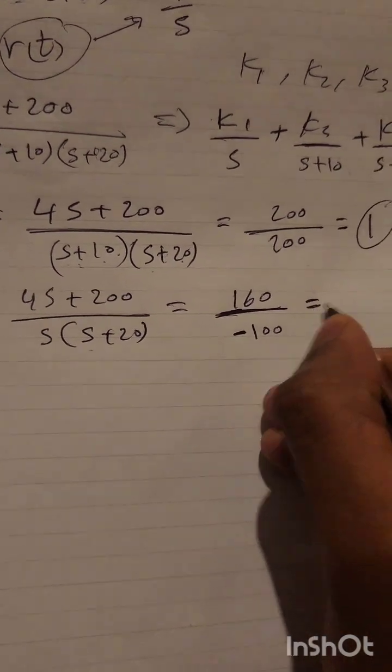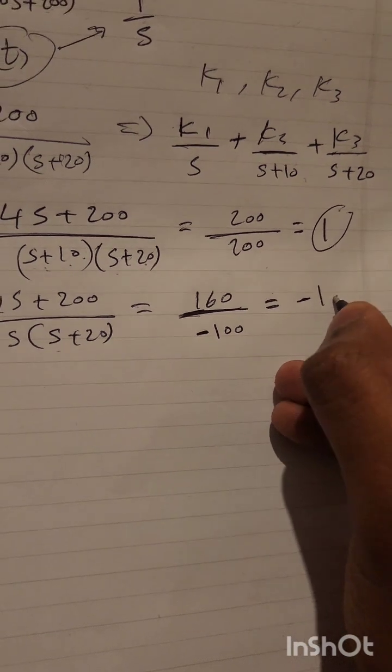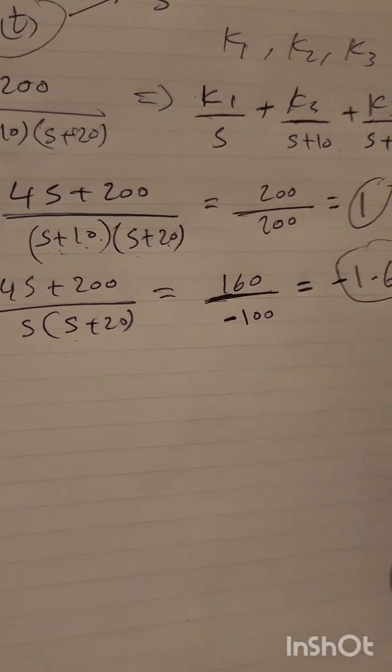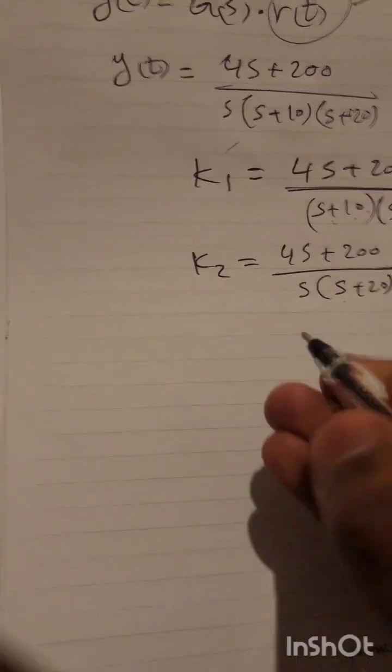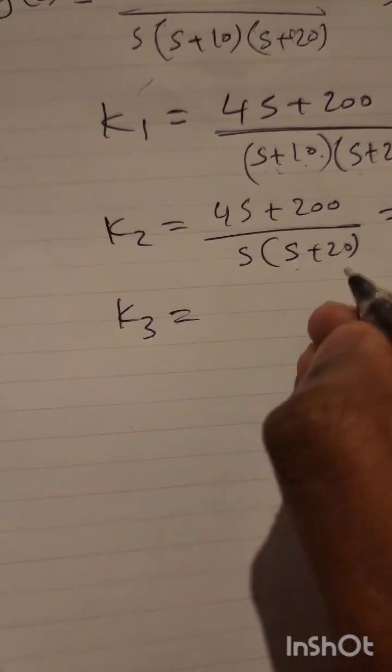So it is minus 1.6, and this is for k2, minus 1.6.